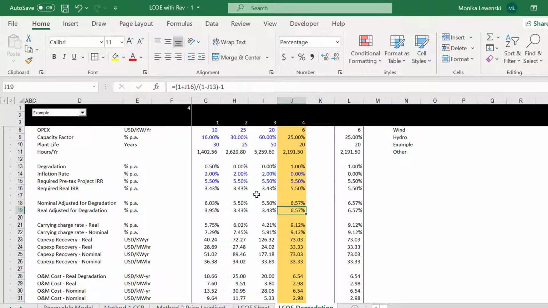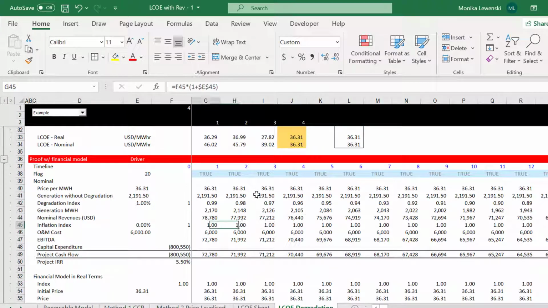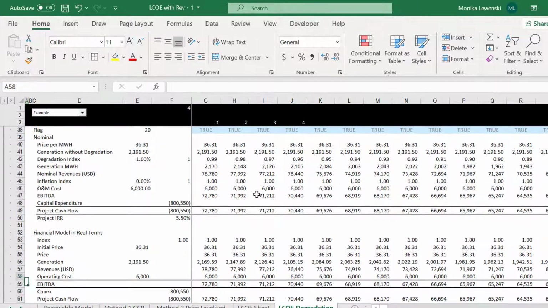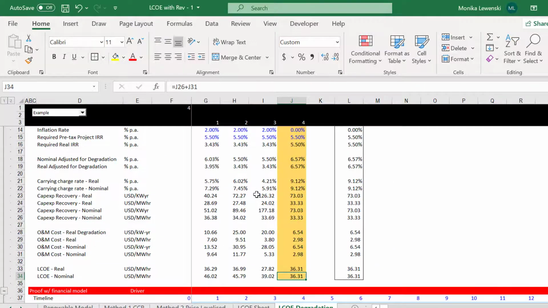So the degradation is kind of opposite from that. And then you can see what happens. We hold the O&M cost flat, okay, and it works. And then when we put it in real terms, we have the same amount with no inflation.